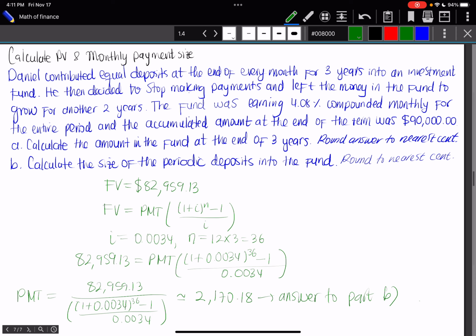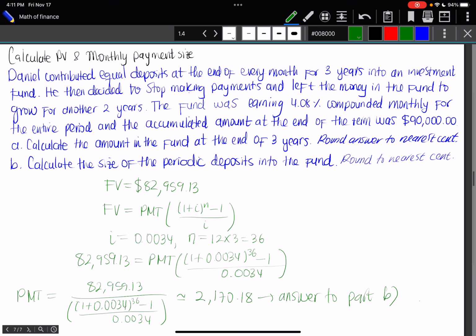So we can summarize what we did in the following way. For part A, we calculated the amount in the fund at the end of 3 years by using compound interest, because money was sitting in the fund to grow for 2 years, and it grew into $90,000 at 4.08% compounded monthly for the entire period.